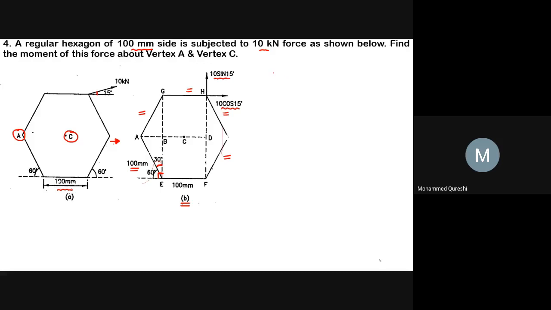So according to triangle AEB, angle AEB equals 30 degree according to figure. Now, from triangle AEB, we may write that sine 30 degree equals opposite upon hypotenuse.